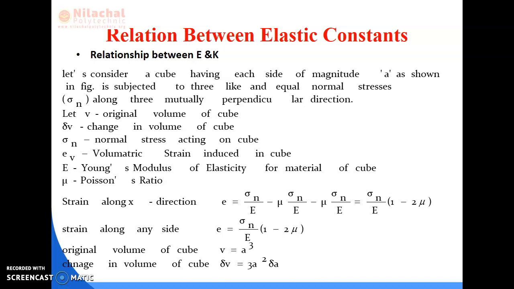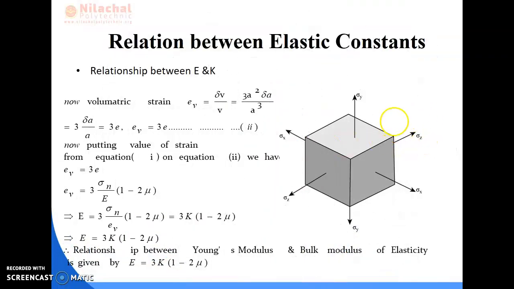To find out the relationship between E and K, let us consider a cube of side equal of magnitude A. The cube is subject to three types of stresses: sigma x, sigma y and sigma z, which are acting along the three mutually perpendicular axes x, y and z.